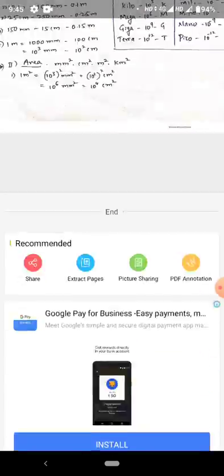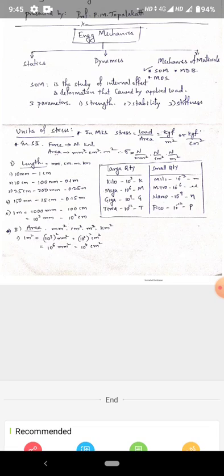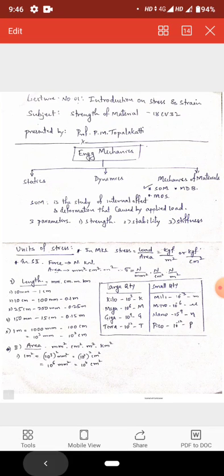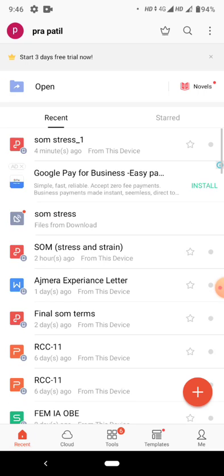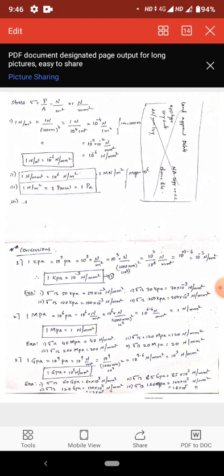Then if you come to the next part, stress is measured in Newton per mm square, or Newton per meter square, and 1 Newton per meter square is nothing but 1 Pascal.